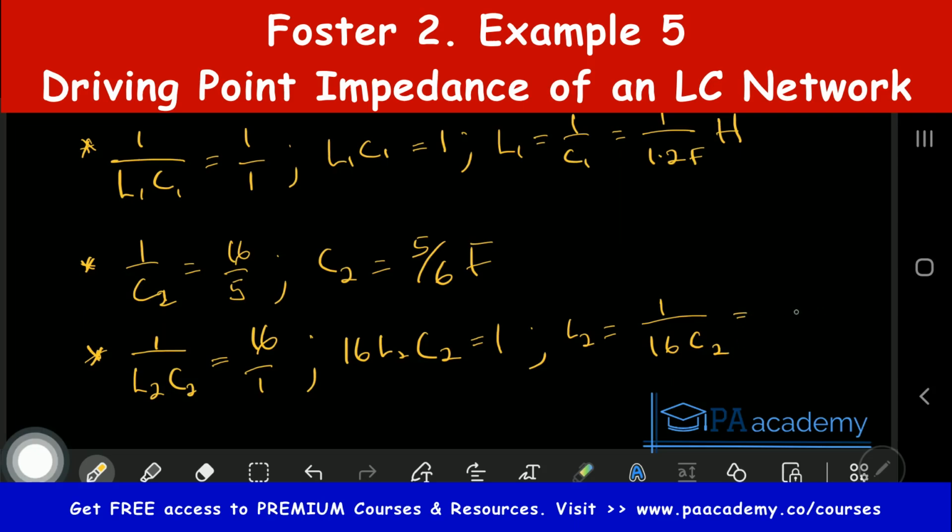That will be equal to 1 over 16 times 5 over 16. Once you do that, you are going to get your L2. So your L2 will be equal to 0.2 Henry. All right, so with that, we've gotten all the 4 values that we need.